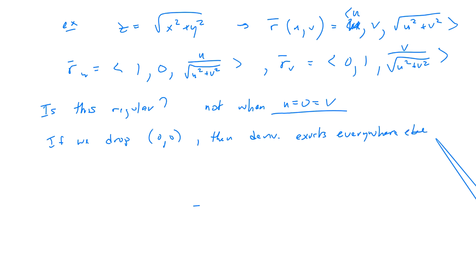So that part is okay, except for at (0,0). And the second part is we need to know, are they linearly independent? The easiest way is to ask, is one a constant multiple of the other? It should be pretty obvious that that doesn't work, because I have 1 in the first entry versus 0 in the other entry.